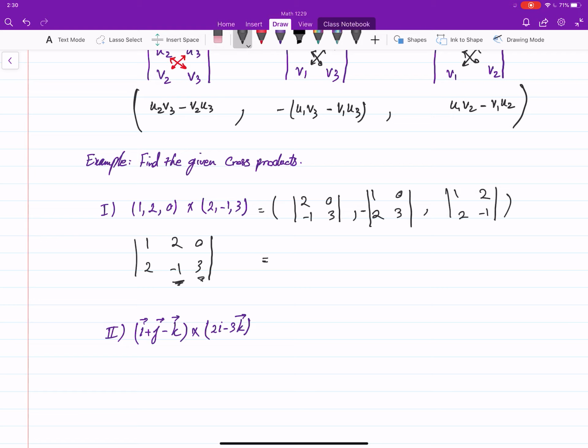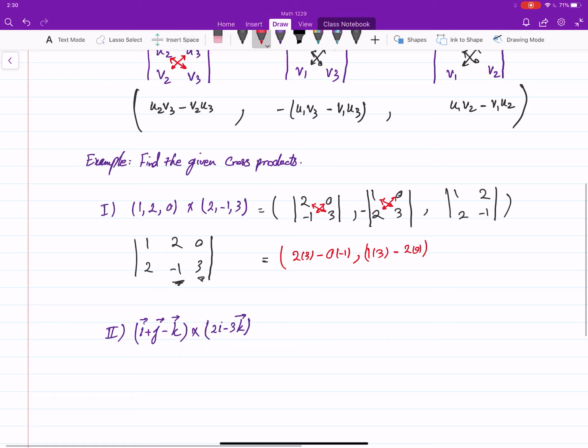Okay, what do we mean by those things? This means multiply the diagonal elements: here it's 2 times 3 minus multiply off-diagonal elements, 0 times negative 1. Here, multiply diagonal elements, 1 times 3 minus off-diagonal elements, 2 times 0.